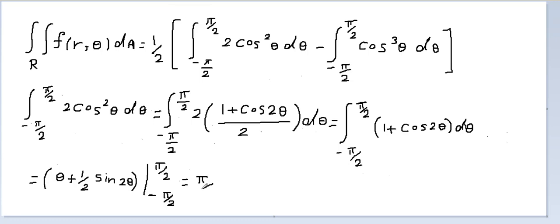When theta is pi over 2, sine pi is 0, minus, when theta is minus pi over 2, sine minus pi is 0. So the answer is pi over 2 plus pi over 2, which is pi.